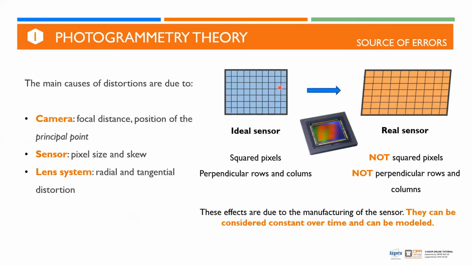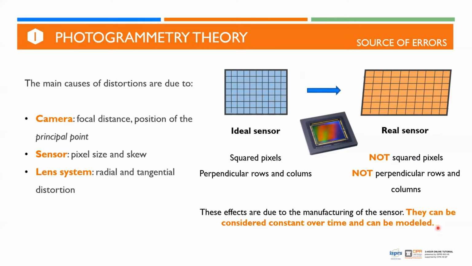For example, regarding the sensor, the ideal sensor has square pixels, perpendicular rows and columns, but in the real one, they are not.